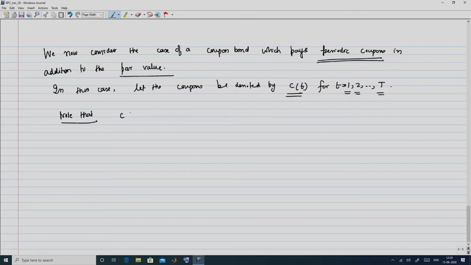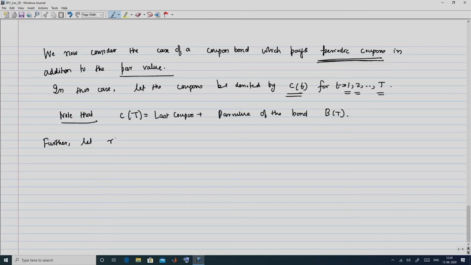C(T) is not just the last periodic coupon, but it is the last coupon plus the par value of the bond, B(T).